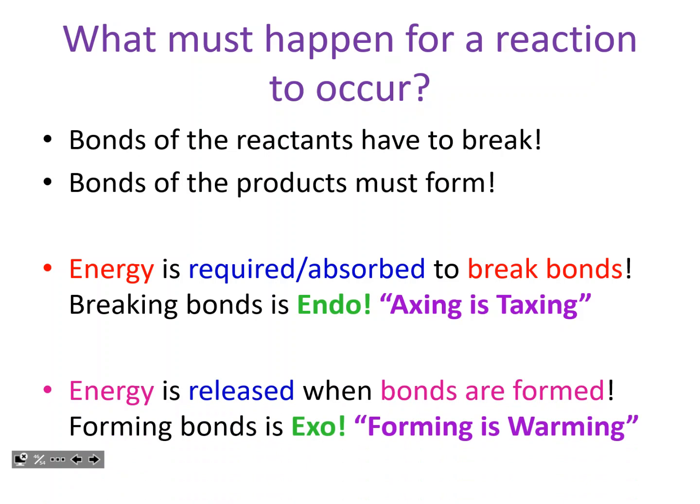Last but not least, energy is released when bonds are formed or IMFs are formed. Forming is warming. So the forming process is always considered exo. But do remember, in a chemical reaction, you have both processes occurring. So whichever one is higher is what the net result is going to be for the overall reaction.